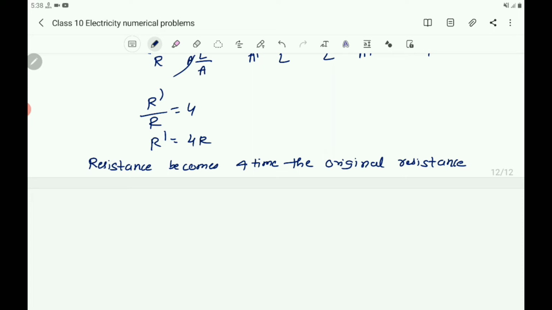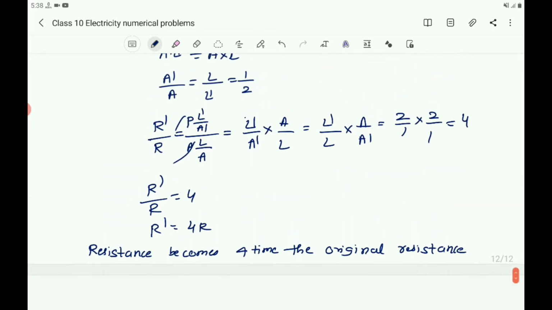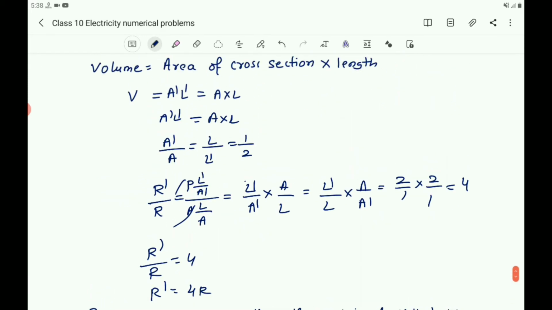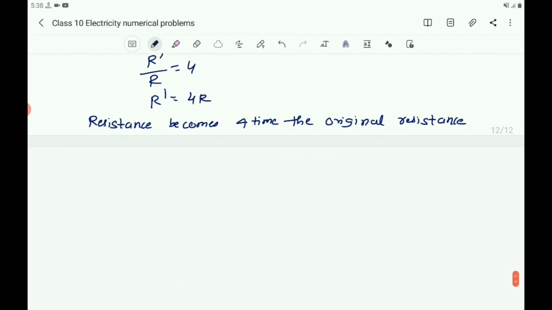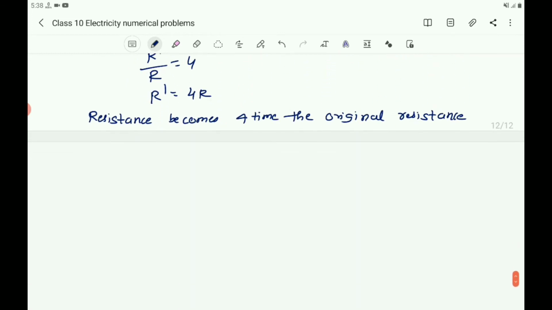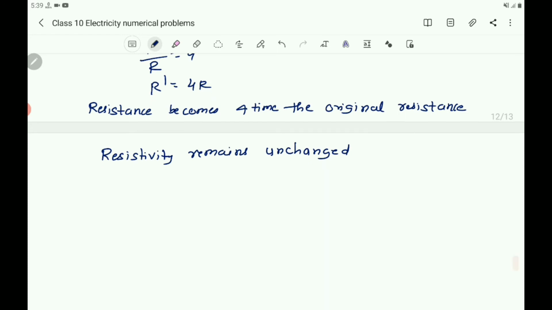But the resistivity is the same here because in both the cases you have the same metal, so the resistivity remains unchanged.